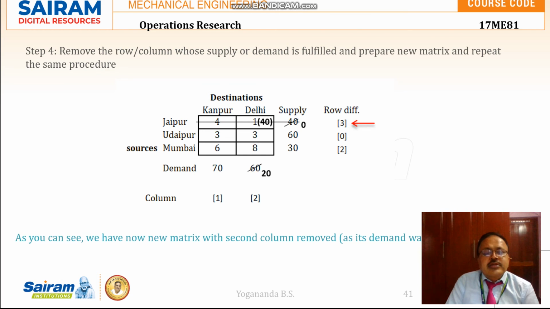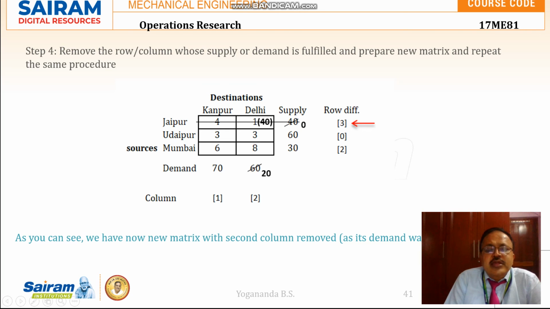So like this, every time the table gets reduced. For each iteration, find out the penalty by taking the first lowest cost and the next lowest cost, that is the row difference and the column difference. So among all the penalties available here in this particular iteration, 1, 2, 2, 0 and 3, take the higher one.